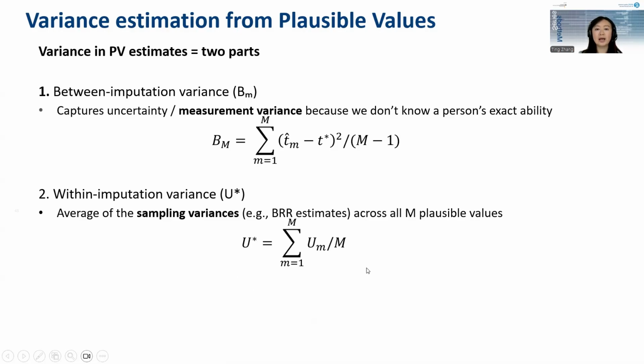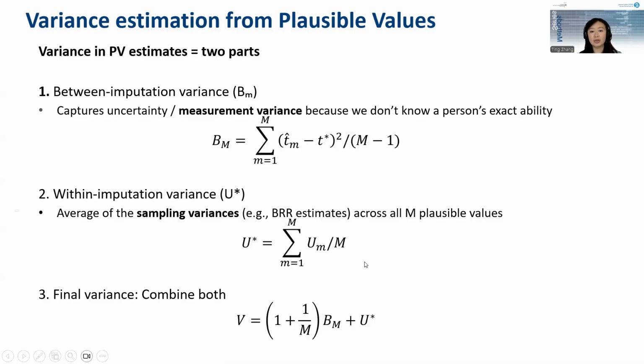So for PIAAC, we use JK2 or BRR estimates to do that. One caveat we should pay attention to is that the sampling variance actually has to be computed for each plausible value, and the final sampling variance is the average of the variance across all plausible values.